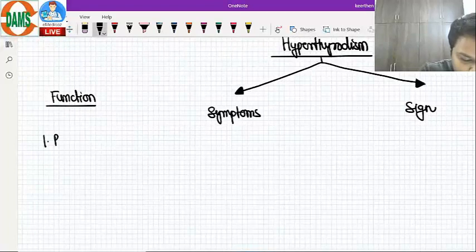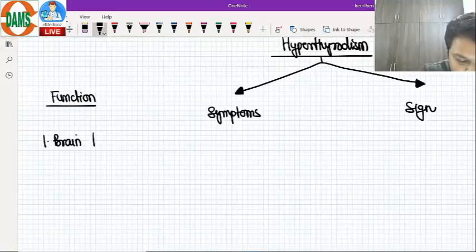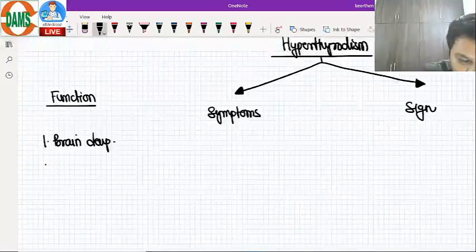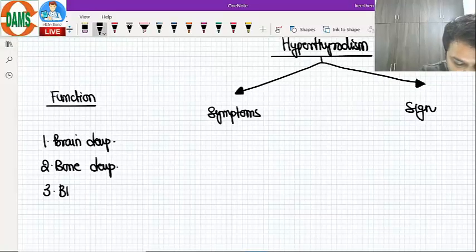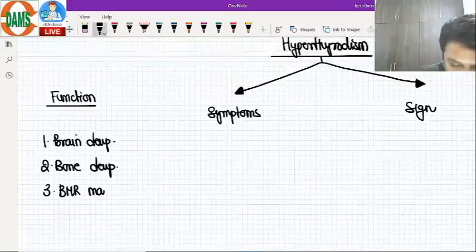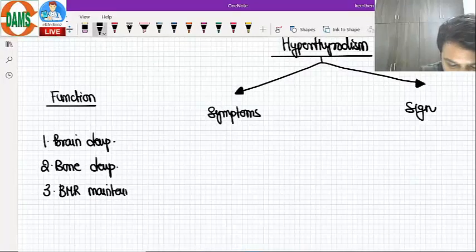When you talk about the function, number one, in children specifically, it is responsible for brain development. Number two, it is responsible for bone development and maturation. Number three, it is responsible for BMR maintenance. Number four, it is responsible for calorigenesis.